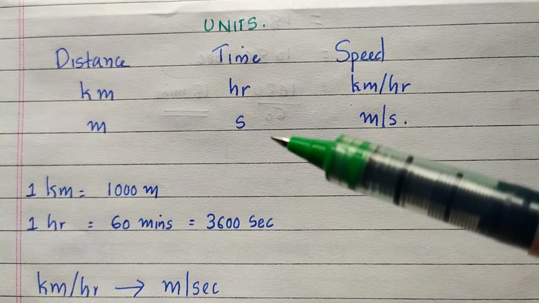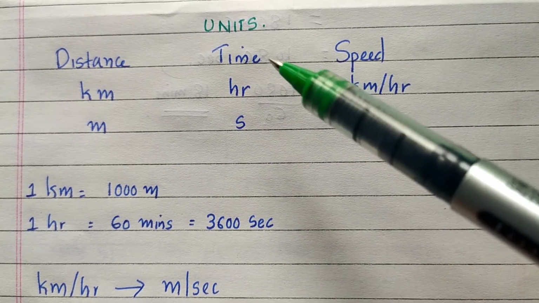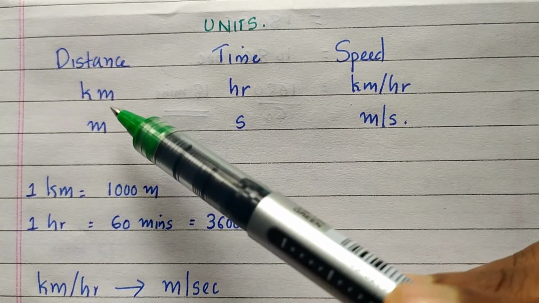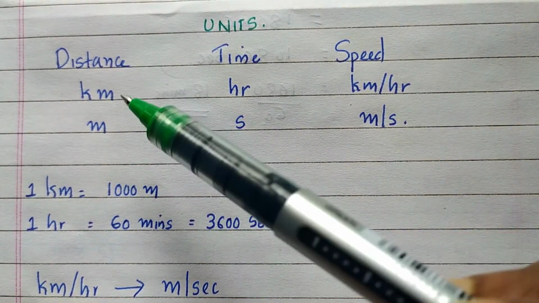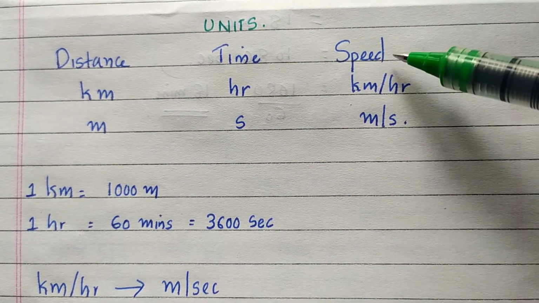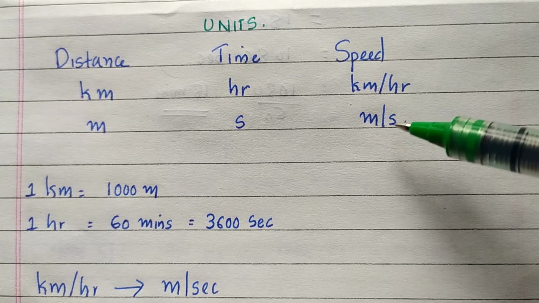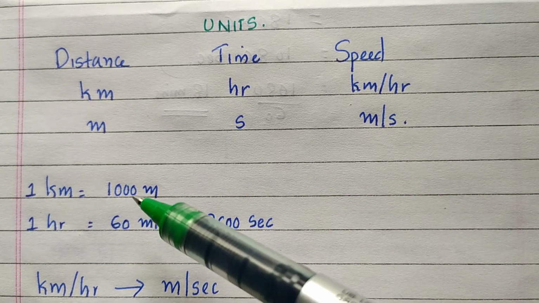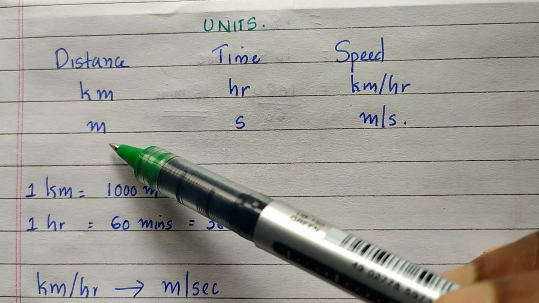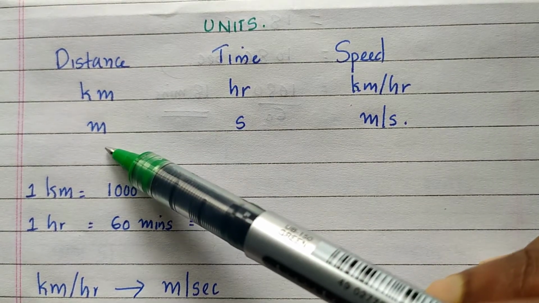Units are important while solving the problems of time and distance. So let us learn the units. The standard unit of distance is meter, standard unit of time is second, and standard unit of speed is meter per second. If we are using larger distances, we cannot use smaller units like meter and second.